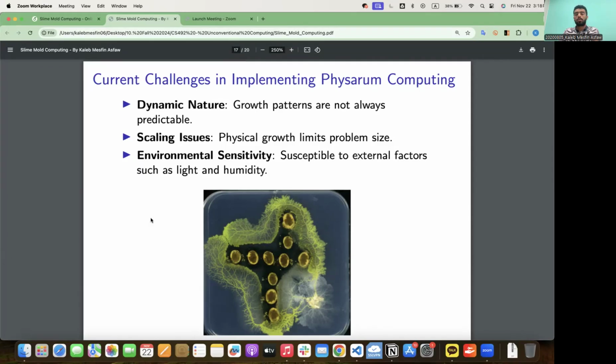We may be able to trigger a stimulus which helps them grow very fast and come up with optimal solutions very quickly.